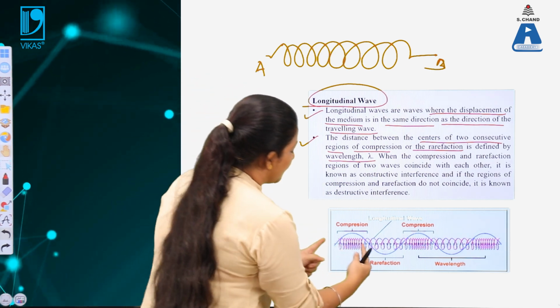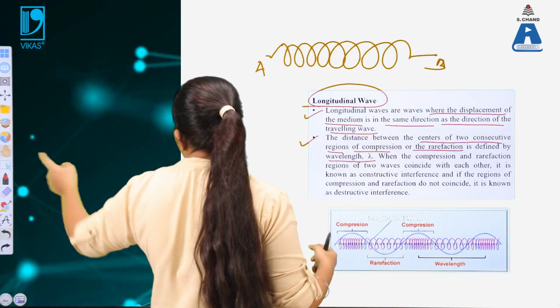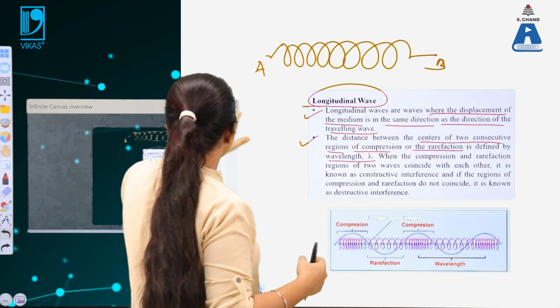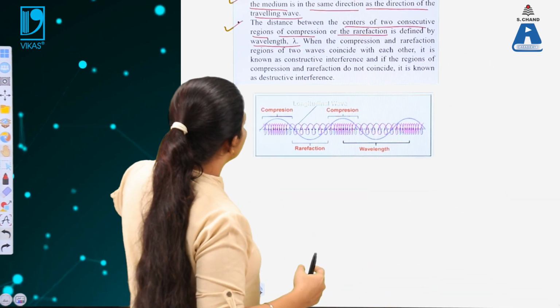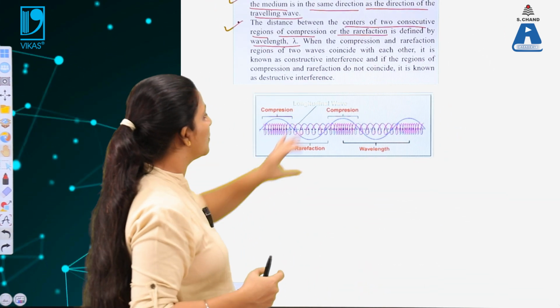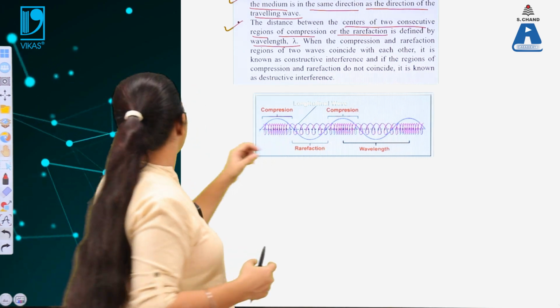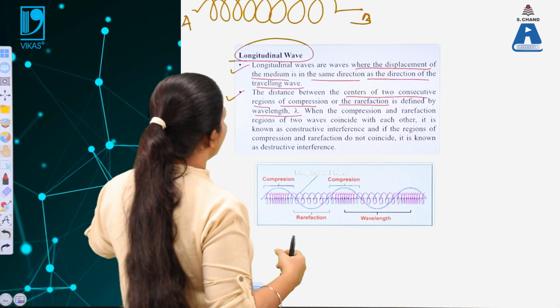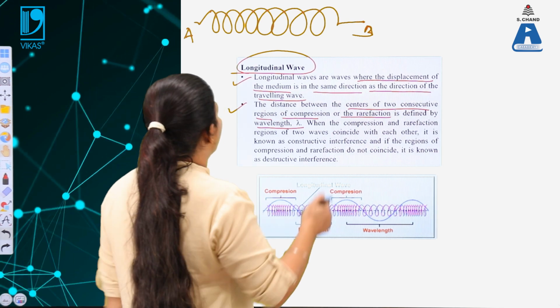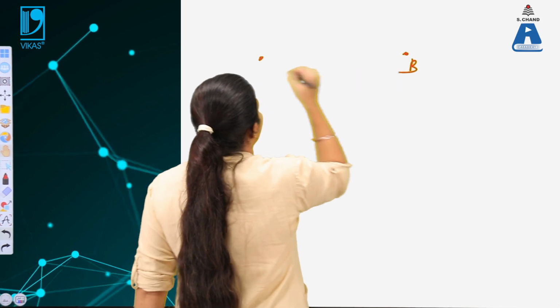Now again, for example, this is a case over here. So in this case, what will happen? These kinds of waves are known as longitudinal waves. So in longitudinal waves, what will happen? Firstly, we want to take a spring.